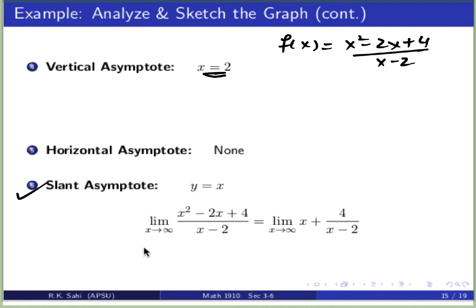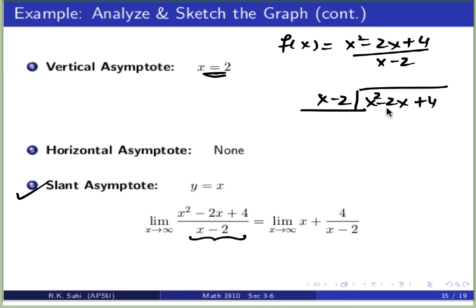Now to get the slant asymptote, we will do the long division. So long division, I hope you guys remember, is this. X squared minus 2x plus 4 divided by x minus 2. So we have to get rid of x squared. So what do we do? We multiply by x. X times x is x squared minus 2x. Now do the normal division you do. Change the signs.